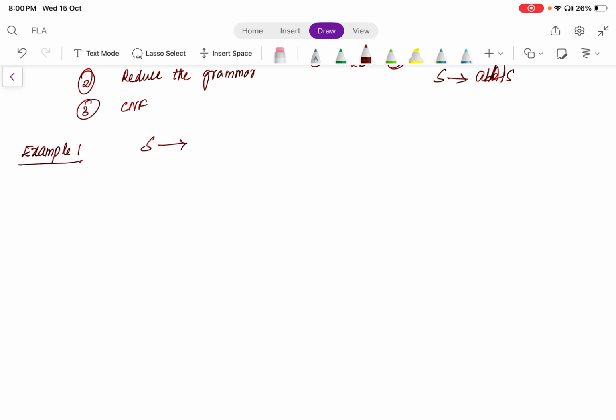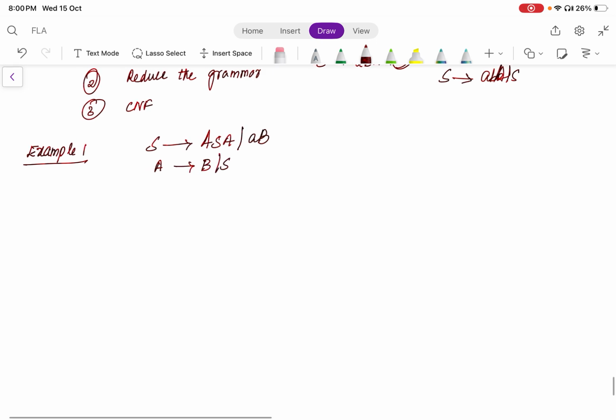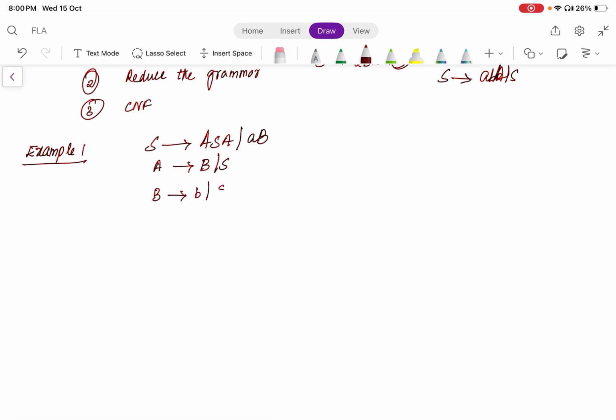S tends to ASA or AB, A tends to B or S, and B tends to b or epsilon. So the first step is, if you find an S on the right-hand side, you create a new start symbol.